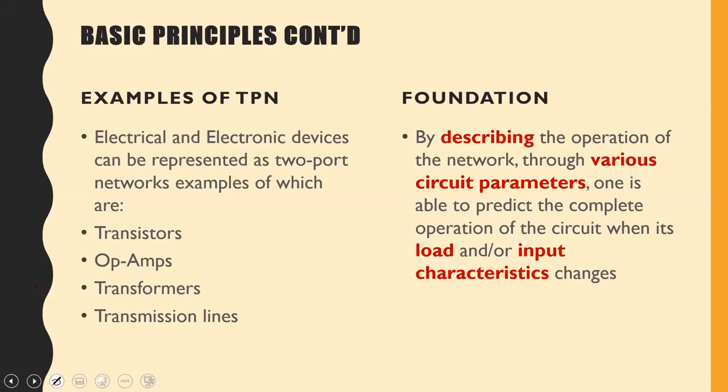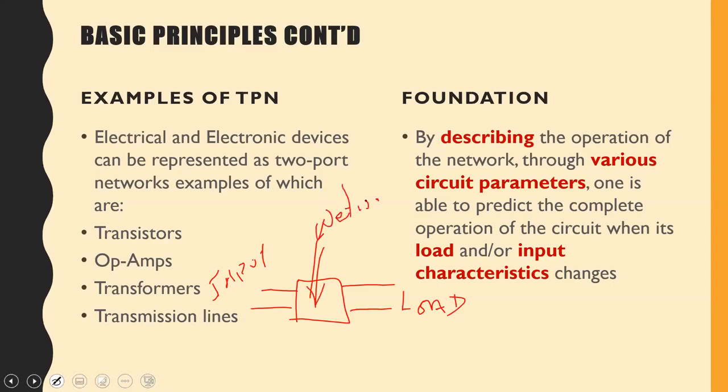vary the load. Yes? So if I have my two-port network, and let us say this is where I connect my load, and this is where the input is. Yes? Then this being my two-port network, what we are saying is that I can define this network using various circuit parameters.